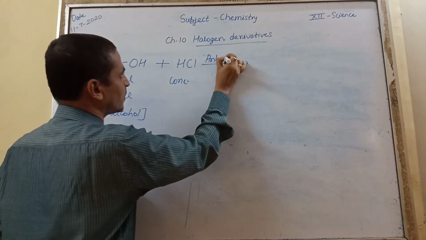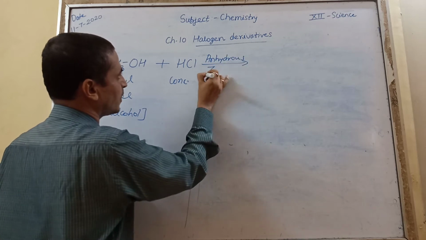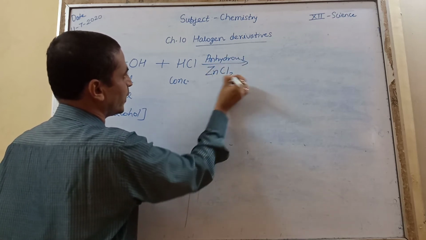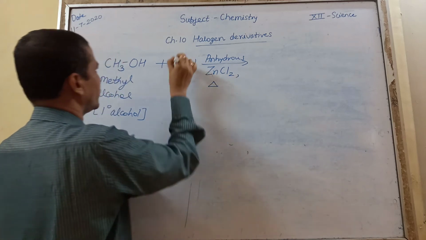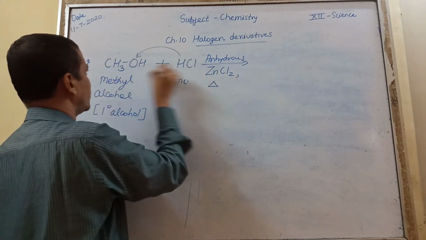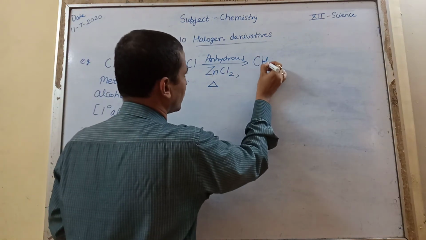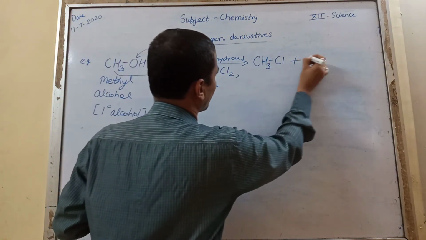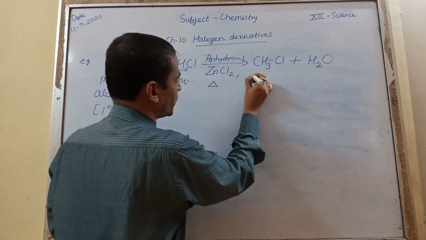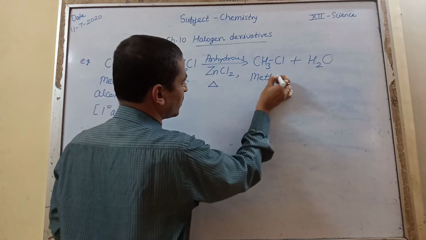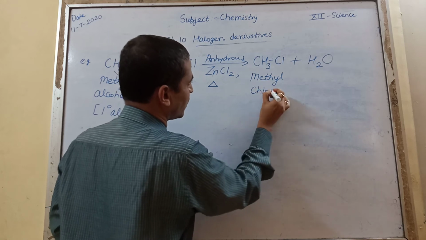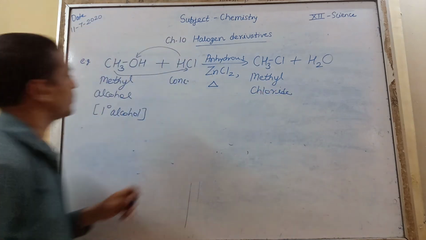Anhydrous zinc chloride and what? Heat. What will you get? H goes to OH and you get CH3Cl plus what? H2O. It is what? Methyl chloride. These reactions are very simple.